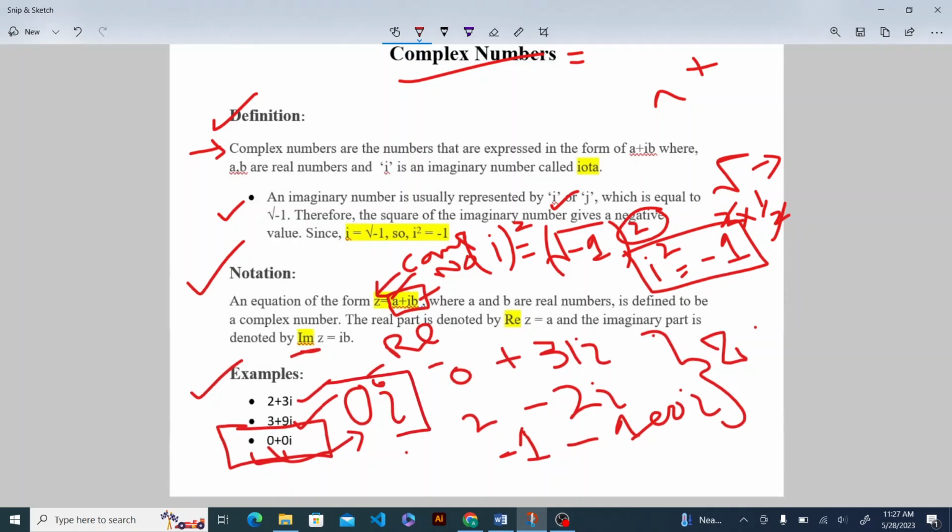So this makes the imaginary part. So this is a valid example of complex numbers, because 0 is a real number, and any real number can be presented with iota to make it an imaginary number. So when 0 is represented with the iota sign, it becomes the imaginary part of a complex number. So this is a valid example.